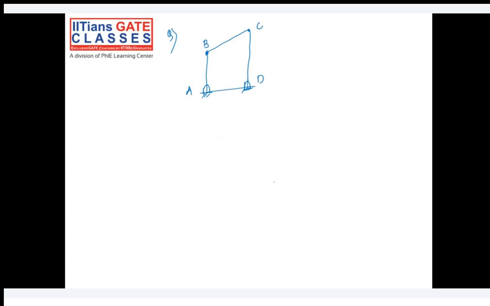And let's say this is omega 2. Can you try drawing the velocity diagram in this case? How will the velocity diagram look?